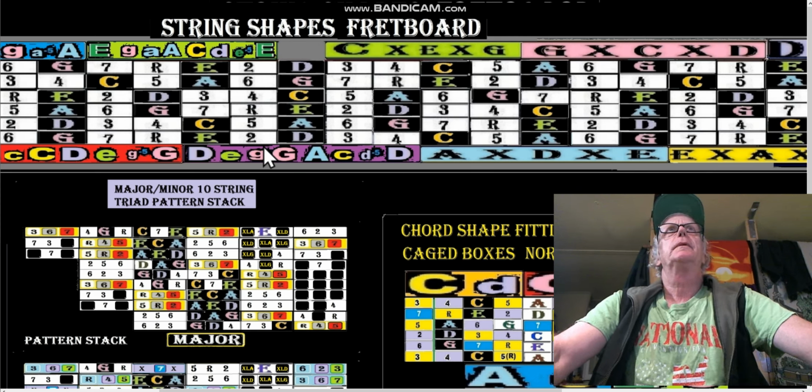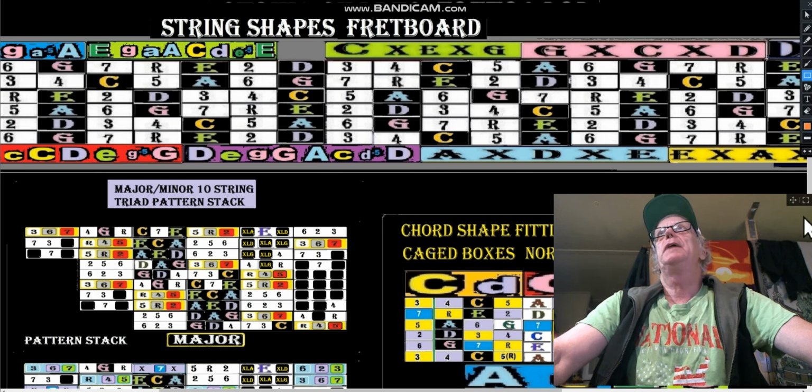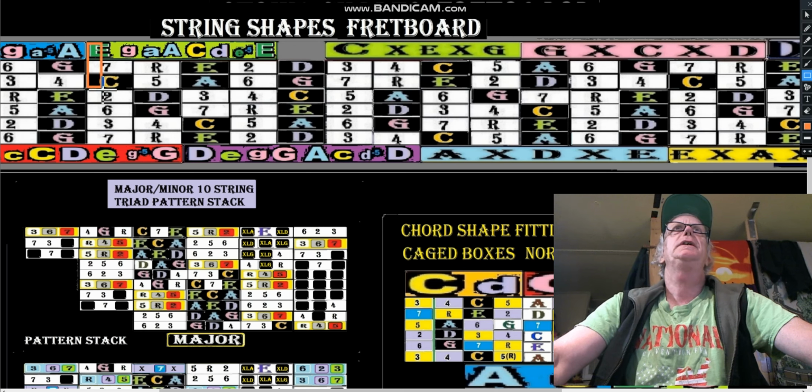Looking at the E shape going to the C shape. Once again, we've got the E box. We can look at the whole E shape box, and we can look at the whole C shape box.